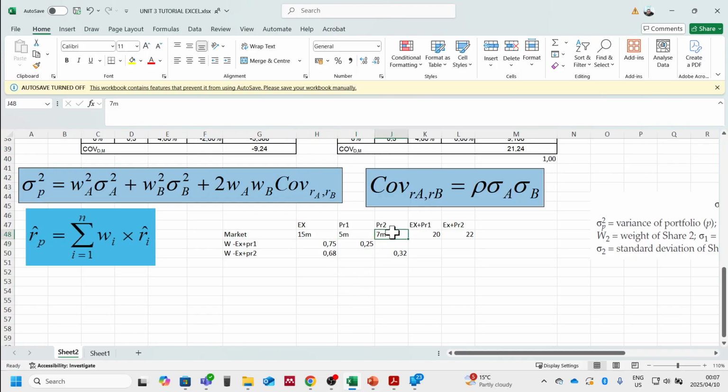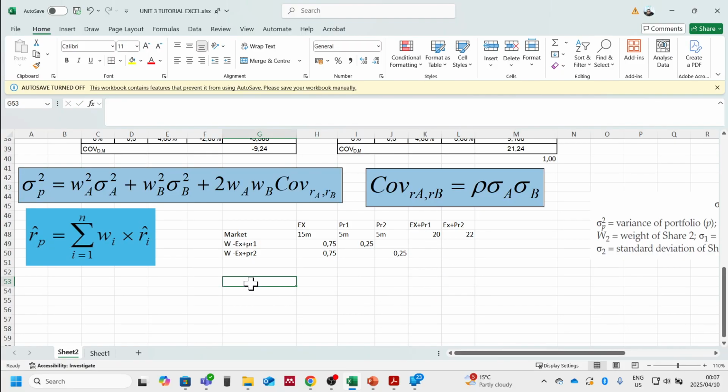However, because they both share the same weight, project one and project two, therefore the weights will still be the same, saying 15 divided by 20, giving us this. And then over here, 5 divided by 20, giving us 0.25.